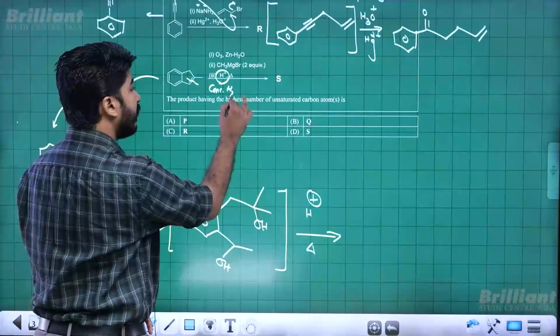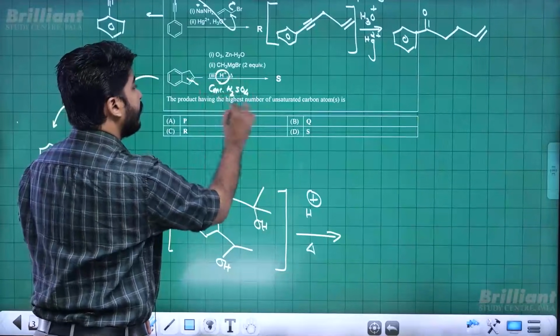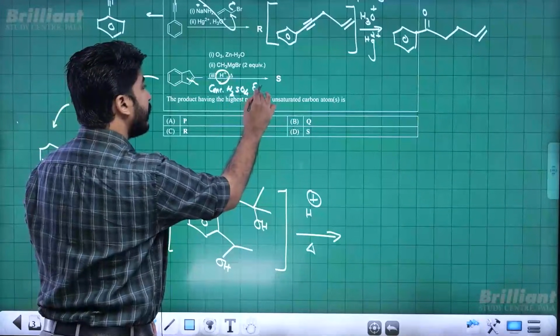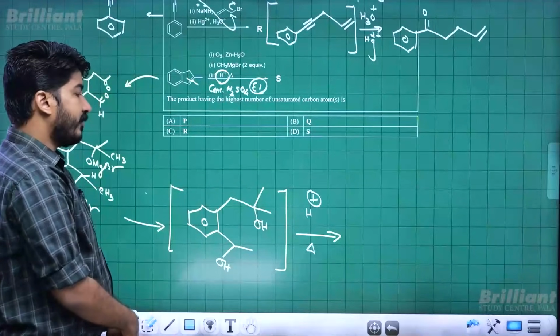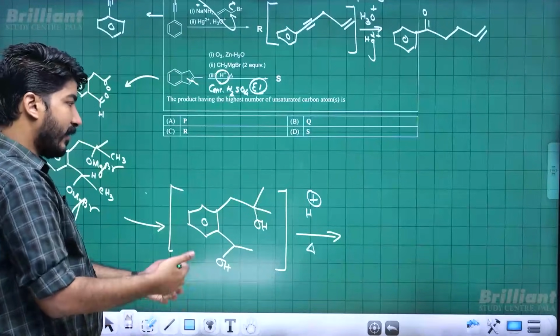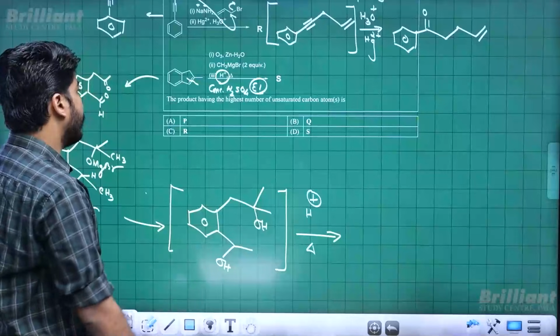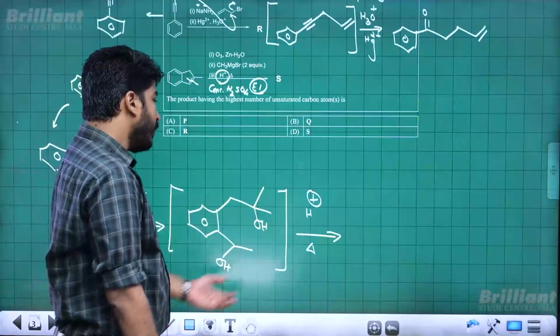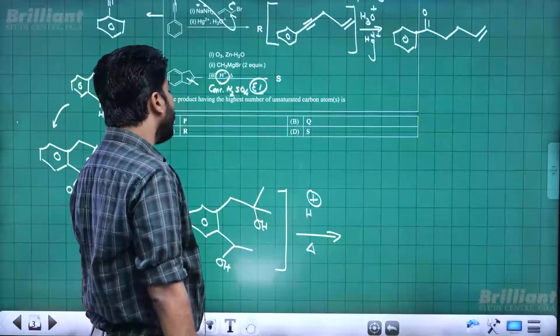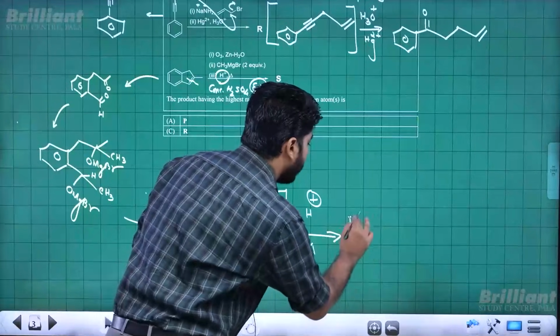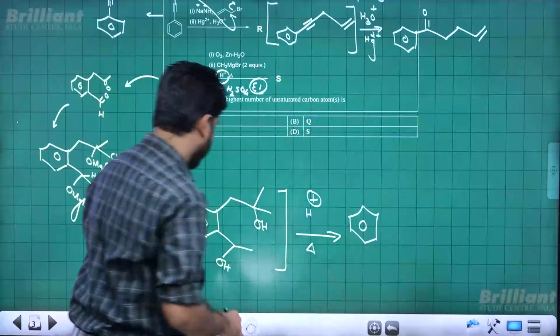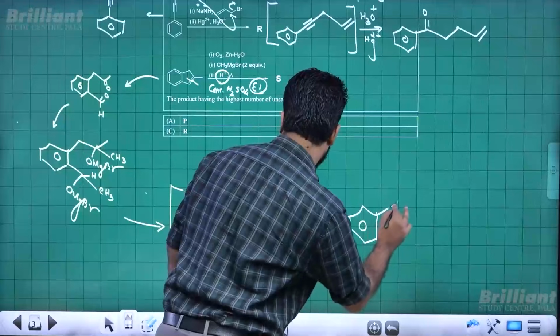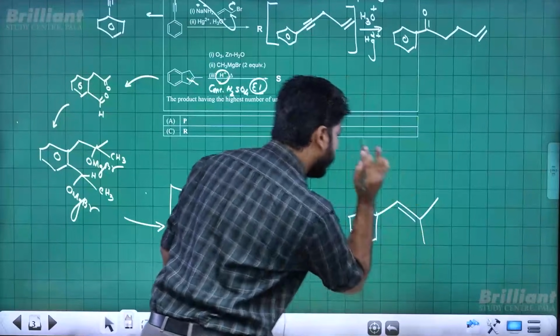This is like concentrated H2SO4 and heating, which favors the elimination reaction through E1 mechanism, which is very familiar to us from alcohols or hydrocarbons in the preparation of alkenes. So this is basically leading to alkene formation via E1 mechanism, and the expected products will be this one.